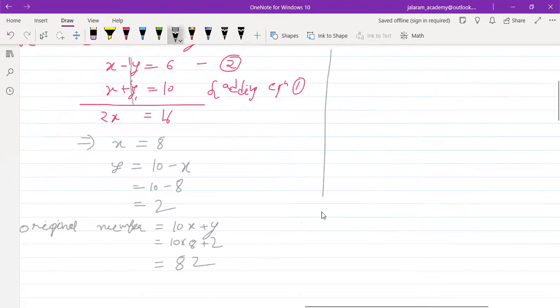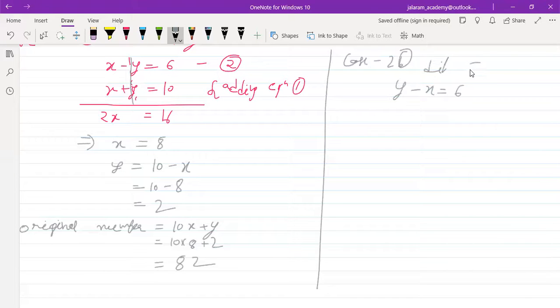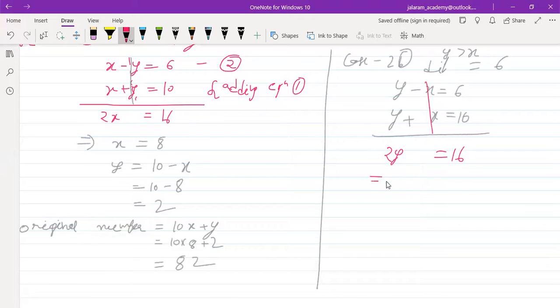Now the other case, case 2b: y minus x equals 6, the difference is still 6. This is when y is greater than x, means the units digit is greater. When we add the first equation, y plus x equals 10, this time x will be cancelled out. So y plus y, 2y equals 16, that is y equals 8.